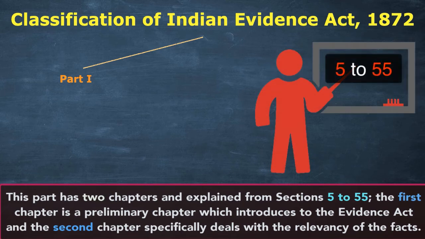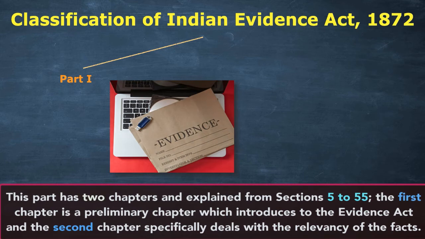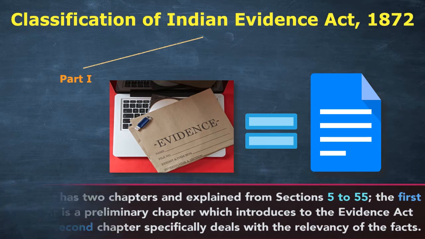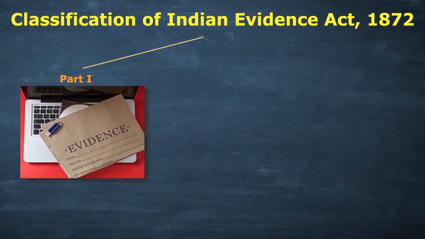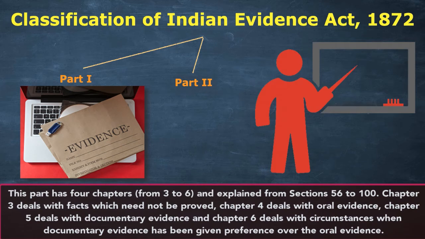The first chapter is the preliminary chapter, which introduces the Evidence Act, and the second chapter specifically deals with the relevancy of the facts. Now come to the second part.